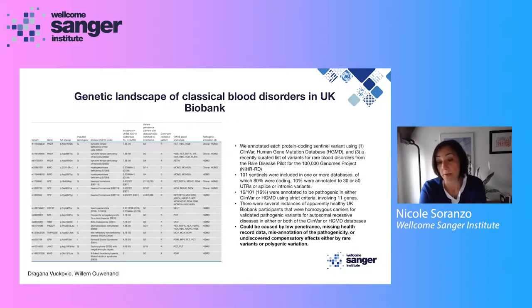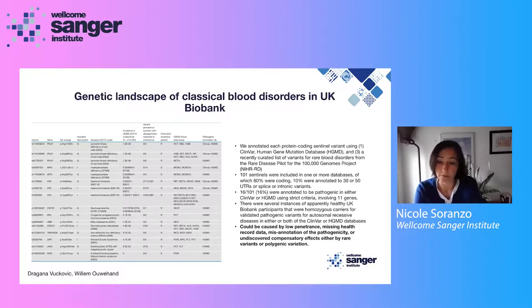One could be low penetrance of the variant itself. It could be missing health record data. That means that the person has a disease that has not been reported in Biobank. Misannotation of the pathogenicity of the variant, meaning that the variants are not really pathogenic, although we use the strict validation criteria, or indeed other undiscovered compensatory effects that could be driven by either other rare variants that are not captured by the SNP arrays or indeed polygenic variation.